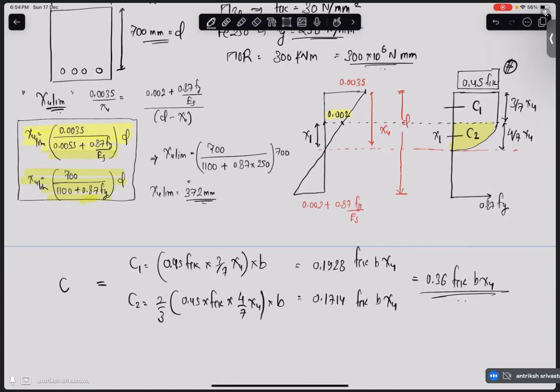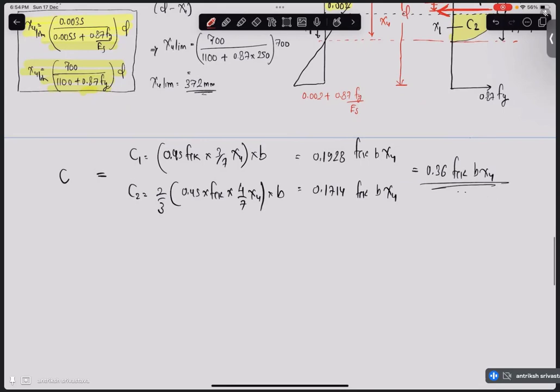So from the top you have to take the distance. I don't remember exactly the formula for the centroid of the parabola. I think it is something like 5 by 8, but I don't want to take chances and make a mistake. Just remember that when you add this C1, C2, you get a total C force, and that is going to be 0.42 xu away from the top.